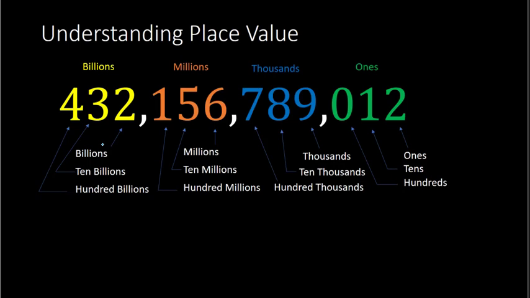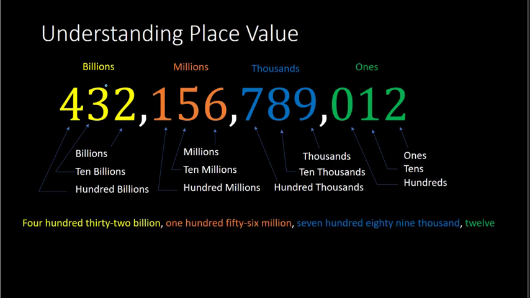But anyway, so here we have this really massive number, and if I want to interpret this into English, so convert this number and just state this number in English. What we have is this 432 is billions. So we have 432 billions. All right, and then the 156 is millions. So we have 156 millions. And the 789, those are thousands.